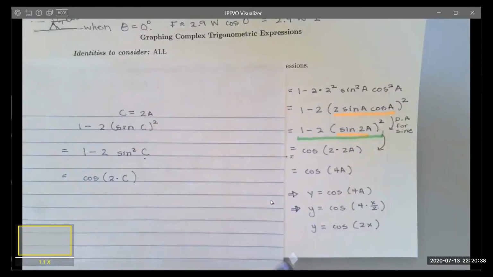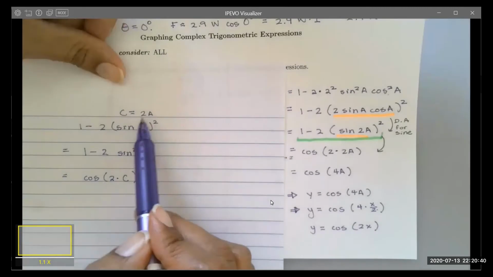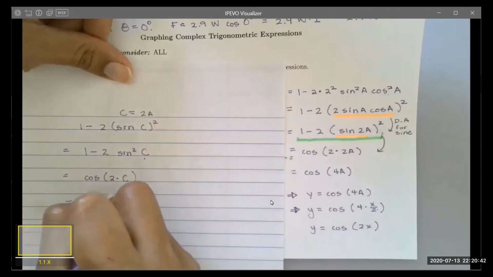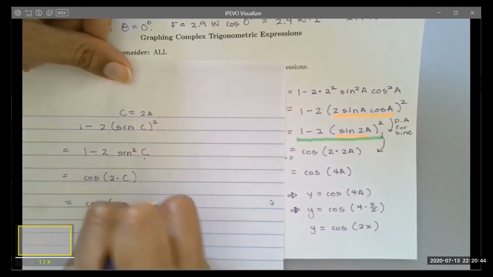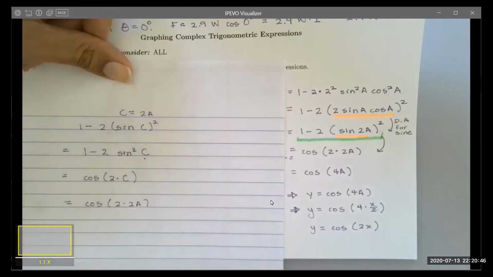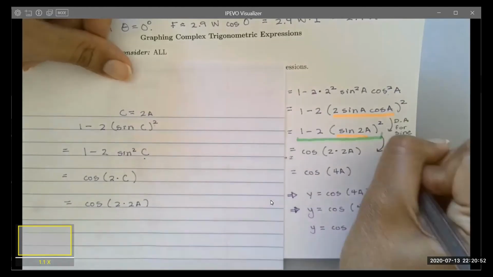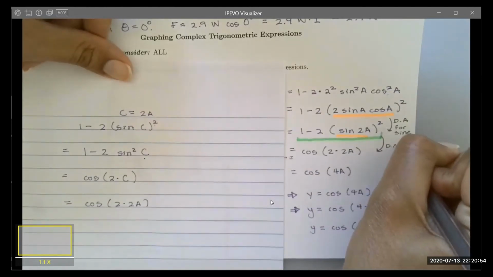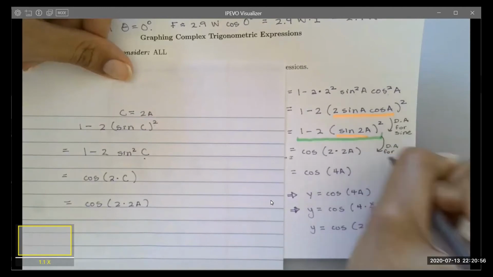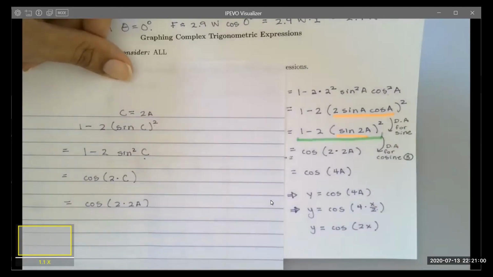But now C was representing something, it was representing this 2a, so we can bring it back in. And that is how we get to this point here. So again, I'll try to squeeze it in there. This is the double angle formula for cosine. It's the third double angle formula.